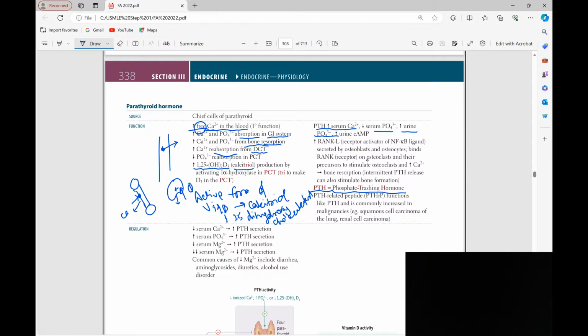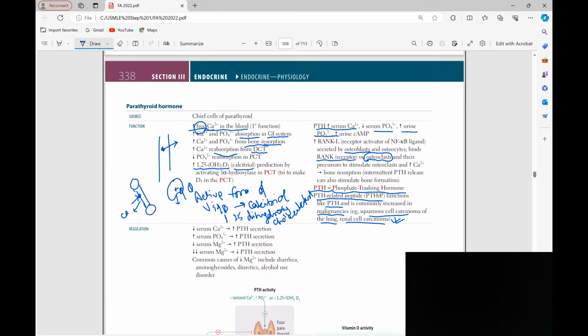It is about osteoclasts. Osteoclasts get activated by the RANK receptor, which is activated by osteoblasts. This is the basic thing here. And the other thing is parathyroid related peptide, which functions like parathormone and is increased in case of malignancy, like lung carcinoma and renal carcinoma. This is also important.